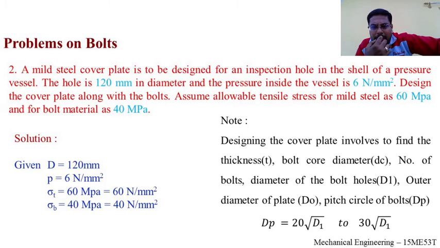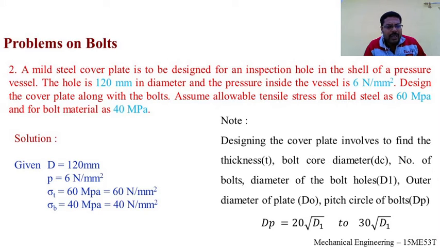Dp lies between 20 root D1 to 30 root D1, or 22 root D1 to 32 root D1. You can take the value as the problem requires. So this is the solution of the problem.